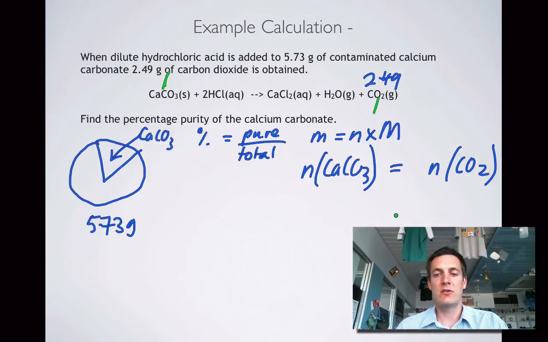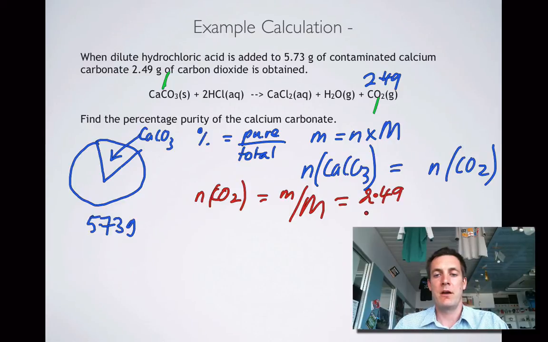Anyway, so let's go ahead and do that. The number of moles of CO2: obviously, by now you could do that if you were given some PV equals nRT type data, but we're given a slightly simpler case, which is the mass over the molar mass, which in this case is 2.49 grams over 44.01 for carbon dioxide.